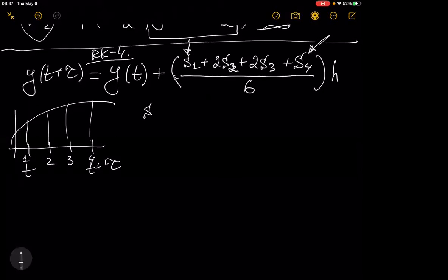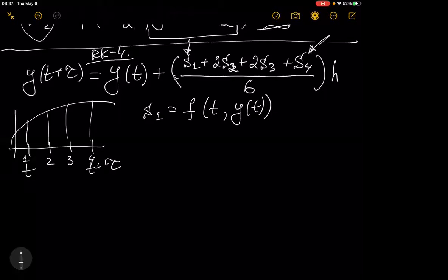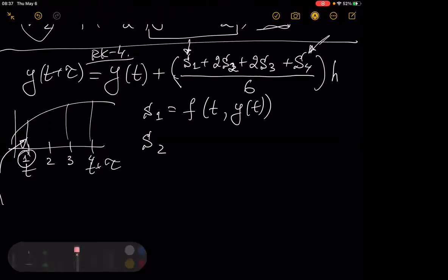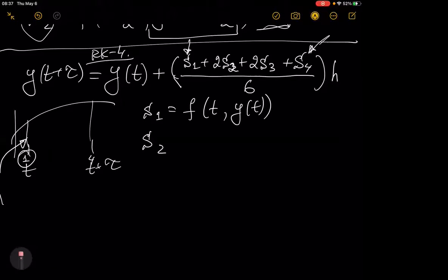S1 is just, once again, evaluation of my function at this point. Next, S2. Here it's a little bit different, as you will see, in Runge-Kutta 4. Really, sorry, I will redraw it.